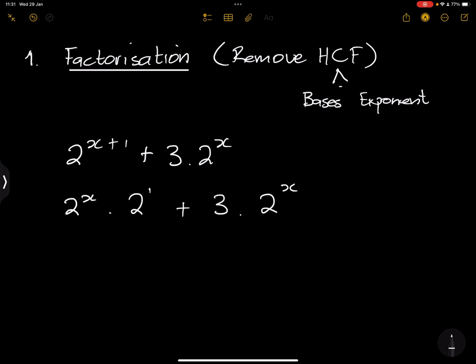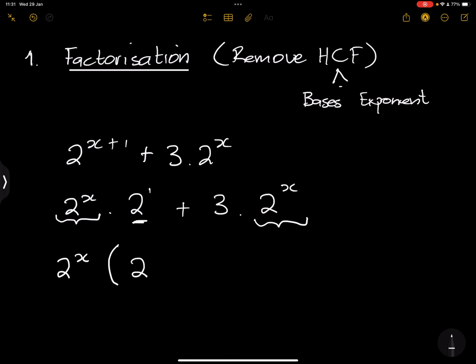Now, I want you to note this. I've got, in this case, similar powers. The base is the same, and so is the exponent. What is the highest common factor in this case? Well, it's exactly 2^x. If I were to take 2^x out as a common factor using factorization, what am I left with in the first term? I'm left with 2.